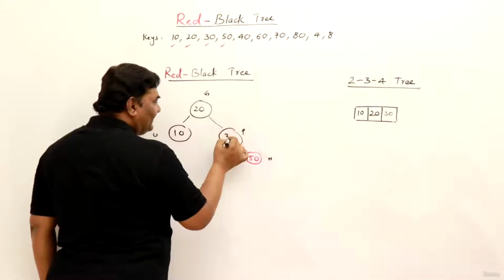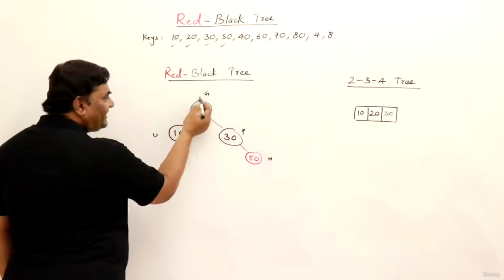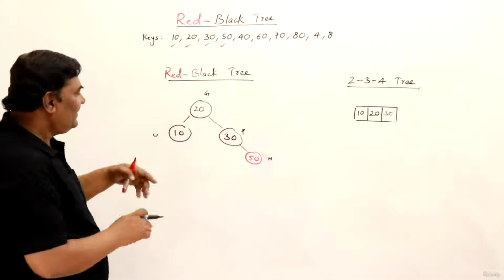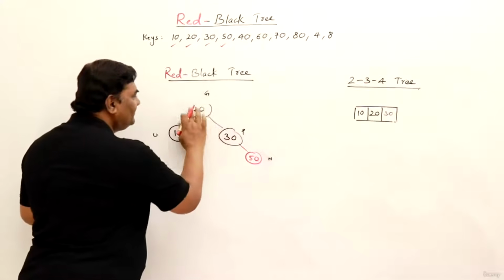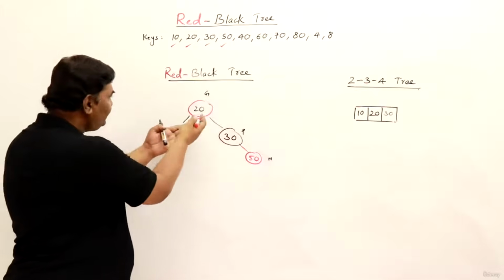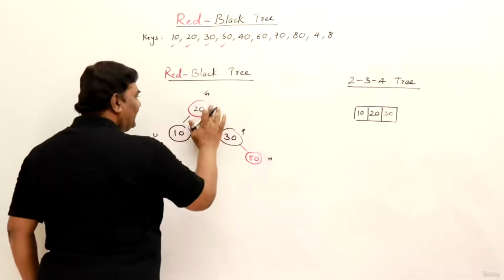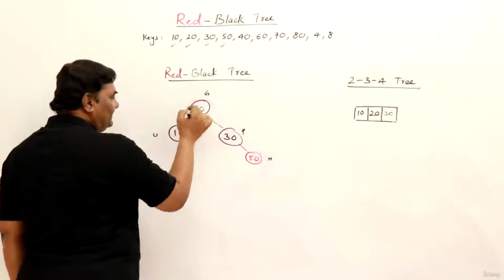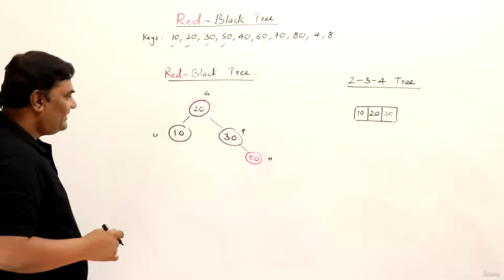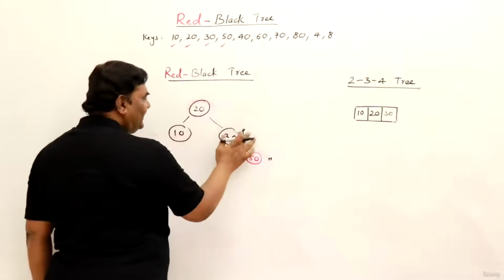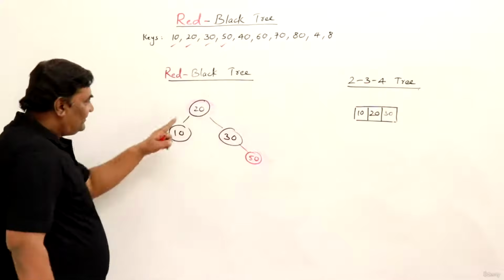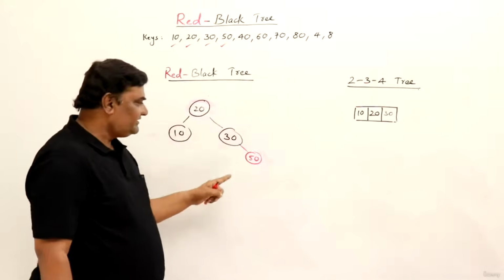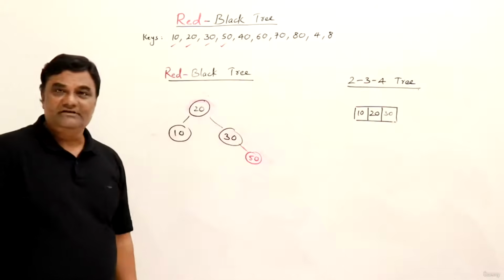And grandparent should become red. But as it is the root, we convert it back to black. If it was not root, we would have kept it red only. This is the result after inserting 50. So we have this node and 2 new nodes, and 50 is a part of 30.